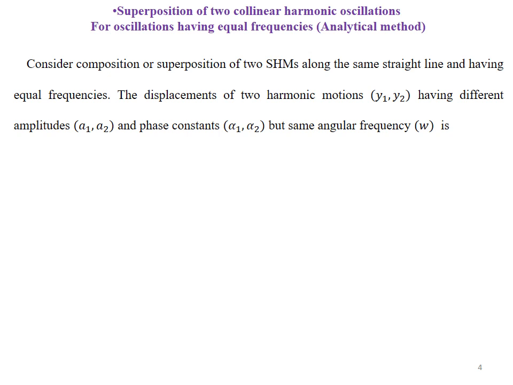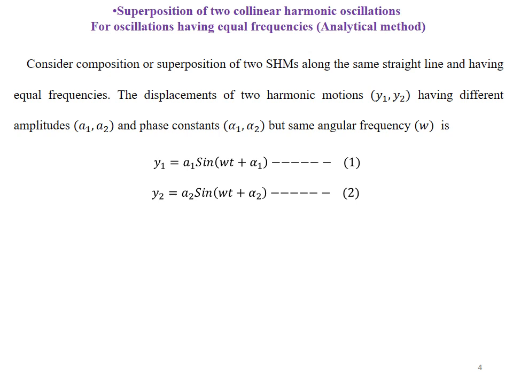Let y1 and y2 be the displacement of two harmonic motions having same angular frequency omega but different amplitudes a1, a2 and phase constants alpha 1, alpha 2. y1 is equal to a1 sin(omega t plus alpha 1), equation 1, and y2 is equal to a2 sin(omega t plus alpha 2), equation 2.